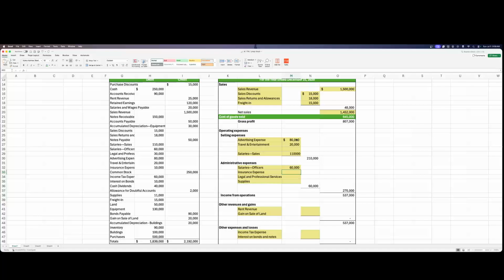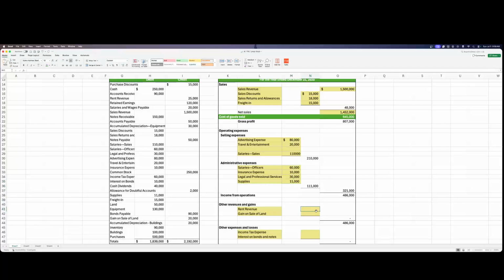Insurance expense, 10,000. Legal professional services, 30,000. Supplies, 11,000.